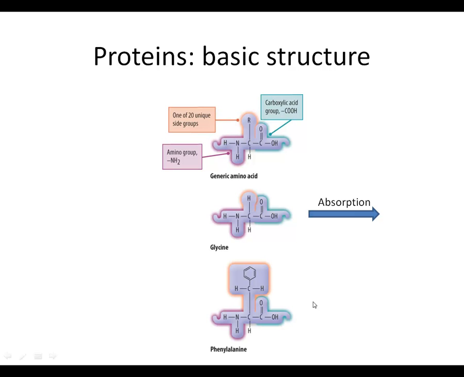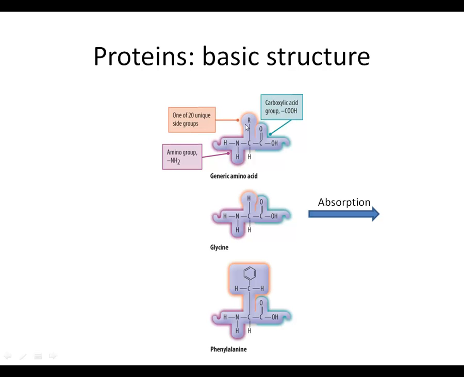All right, so let's turn now to proteins. I want to remind you that proteins are made out of amino acids. Here's a generic amino acid. The basic chemical formula for all amino acids is there's an amino group on the end, there's a carboxylic acid at the end, that's how they get their name, amino acids, and then there's a central carbon to which is attached another group.